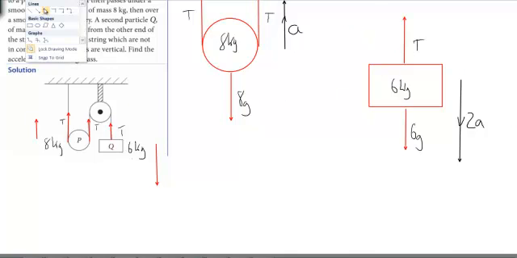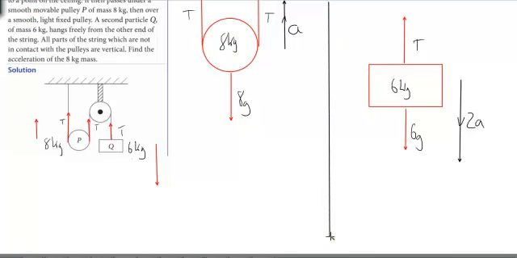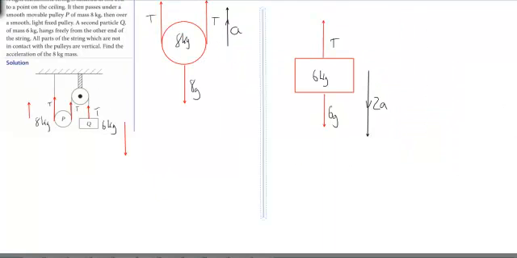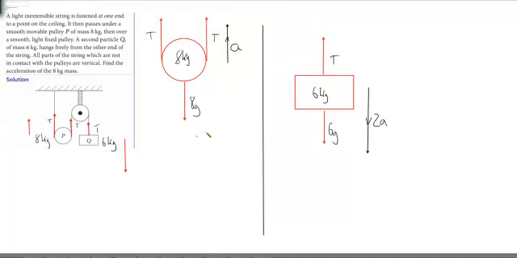So if I separate these two out just so that we can see there's 2 separate equations. Now what we have is, on this side here, the net force is equal to 2T minus 8G. Net force then is mass times acceleration, it always is, so it's 8A is equal to 2T minus 8G.